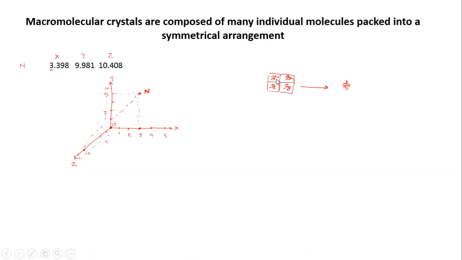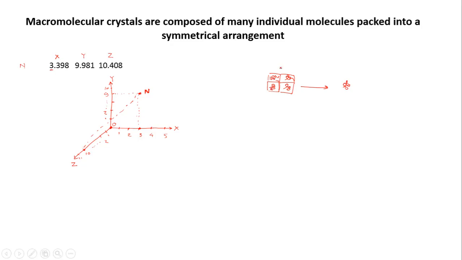If this is an enzyme, then when a substrate binds, in half of the molecules in your crystal it can take this orientation, and in half of the molecules it can take a different orientation, right?